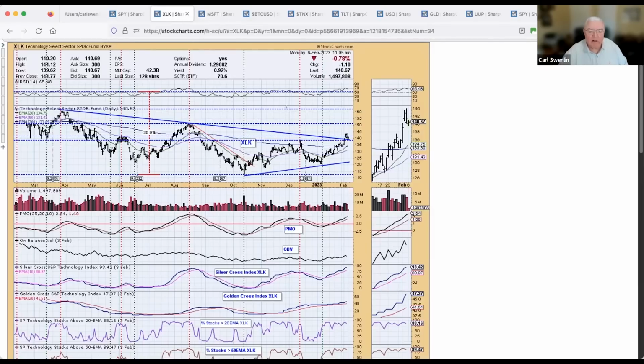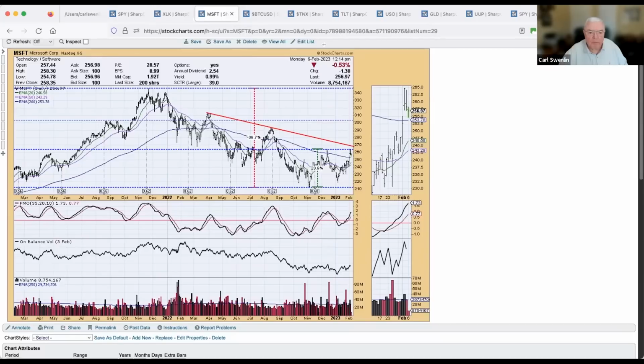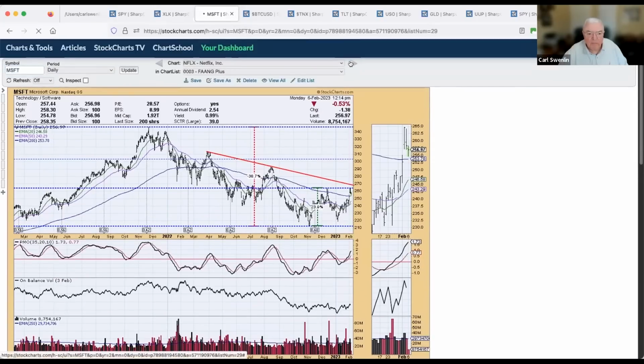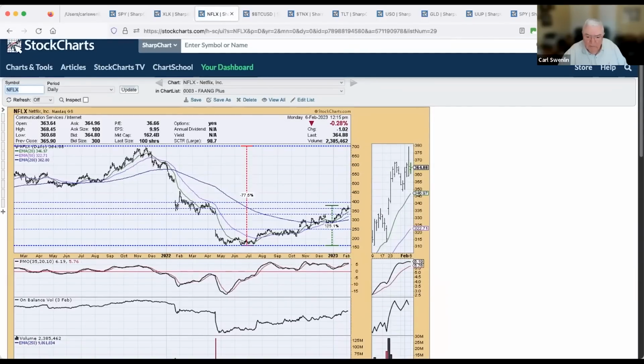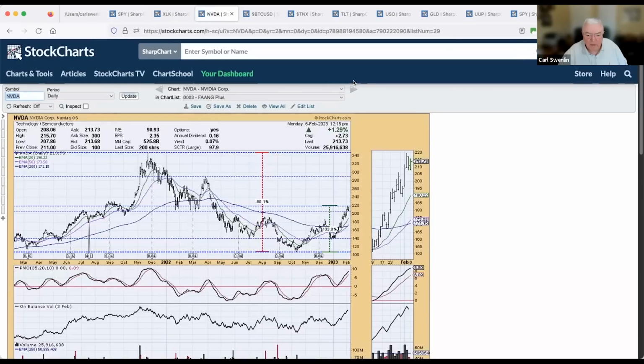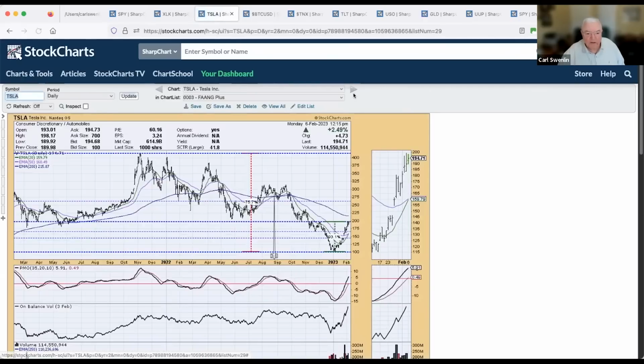Netflix is still rallying, up 136% from its low, but it's got a long way to go to capture this 77% decline. And NVIDIA, same story, rallying very nicely, not pulling back as much as the others. And then here's Tesla.